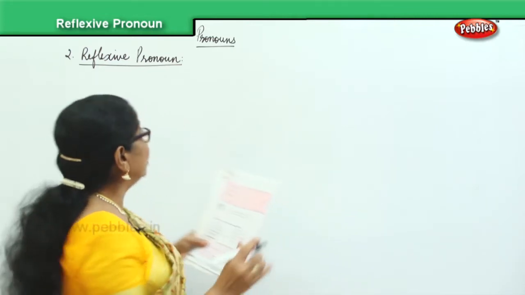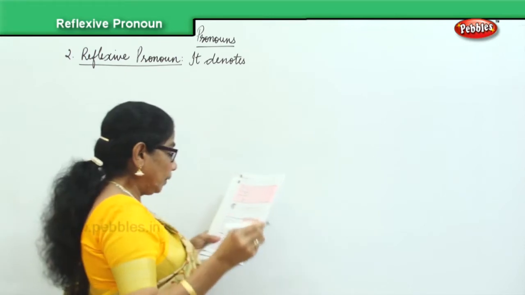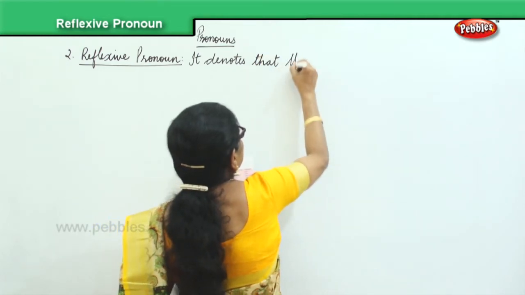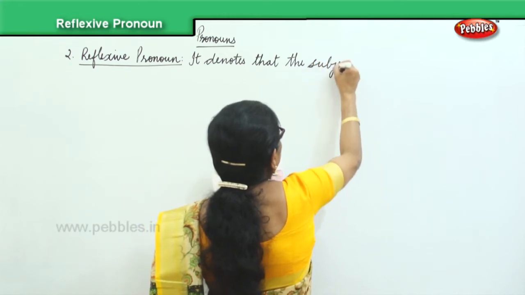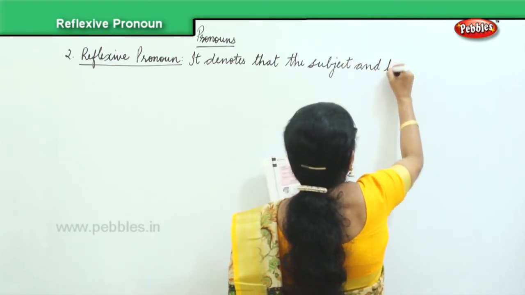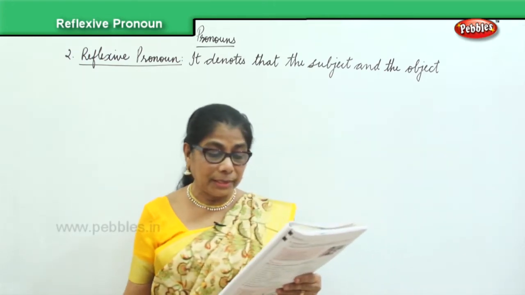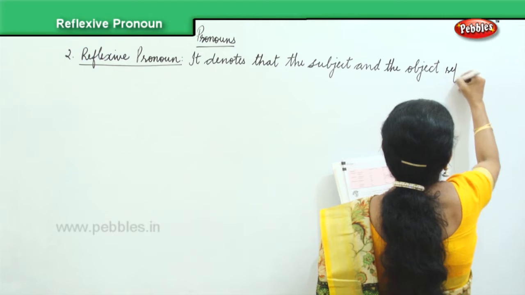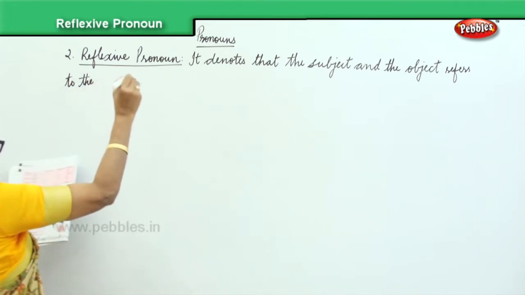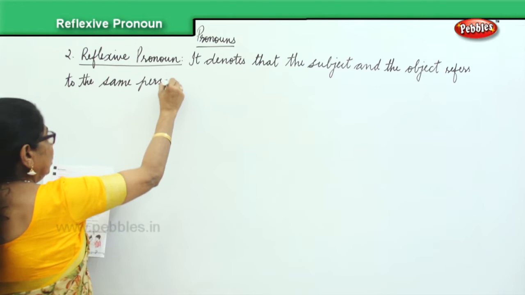A reflexive pronoun denotes that the subject and the object refers to the same person or thing.